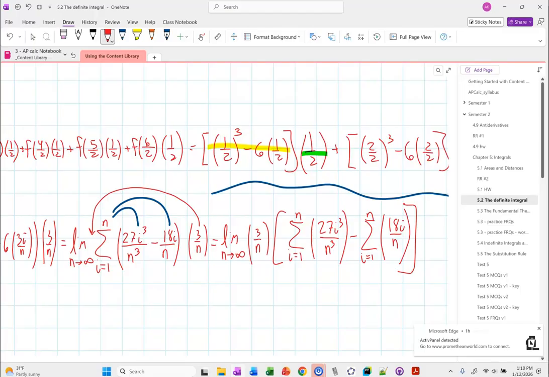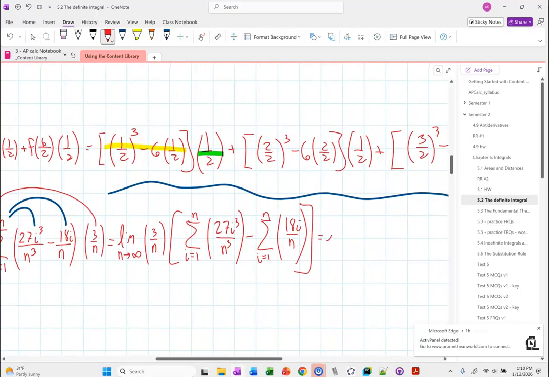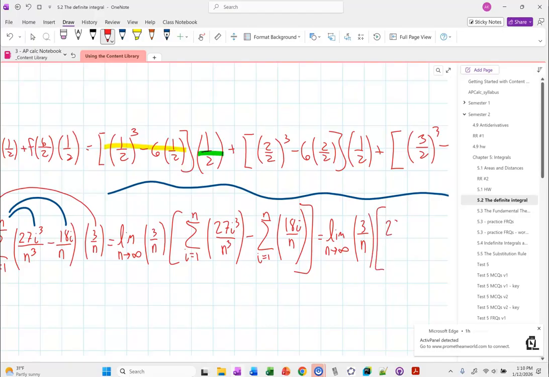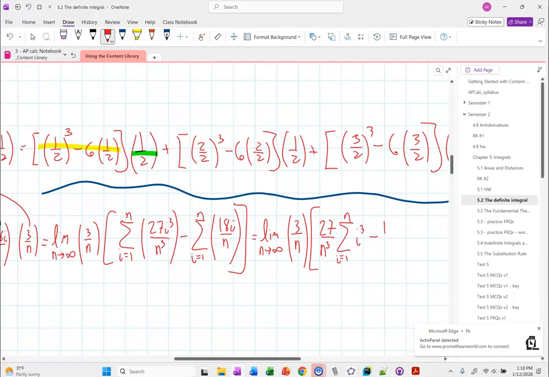And the 18 and n are constants with respect to i, so that can pull out front of that sum. You okay?